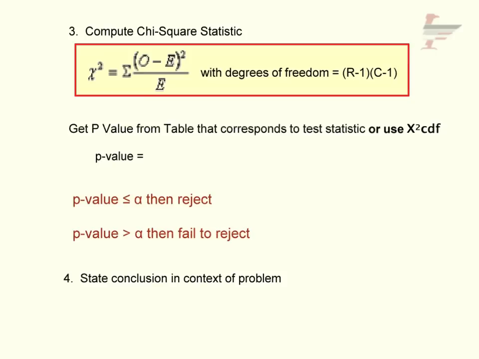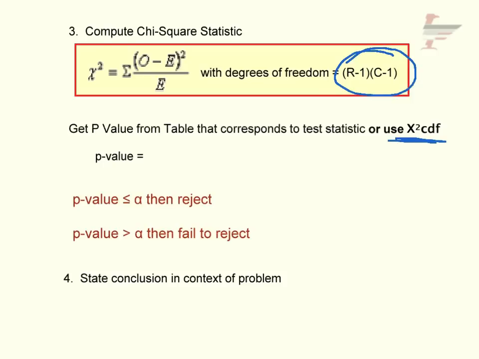When you're finding the p-value, you can use the chi-square CDF in your calculator. You just have to make sure you get your degrees of freedom right. This time the degrees of freedom will be the number of rows minus 1 times the number of columns minus 1.